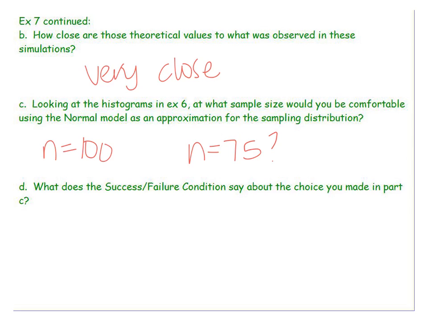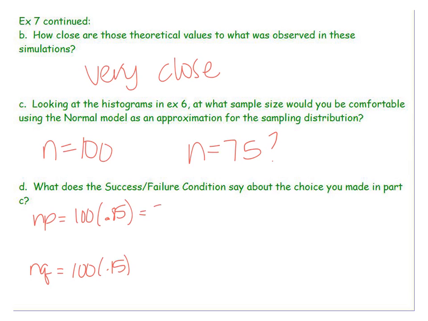The nice thing is, our success failure, our np and nq rules that we've learned before, we can easily decide right now whether both of them are okay. So let's start with the one we were confident about, the 100. If we calculate np and nq, this would be 100 times 0.85 and 100 times 0.15.